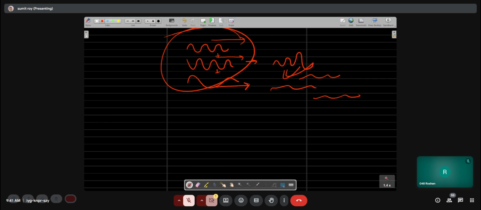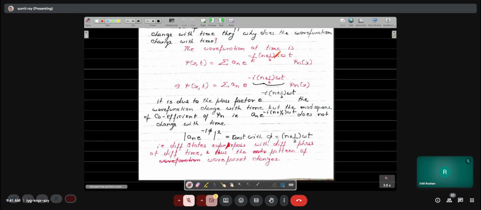So the wave packet changes with time, but the probability doesn't change with time, neither does the basis state change with time. Agree? Yes, sir.